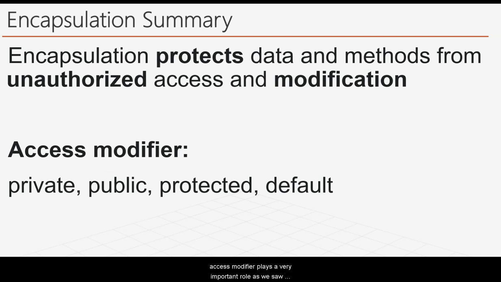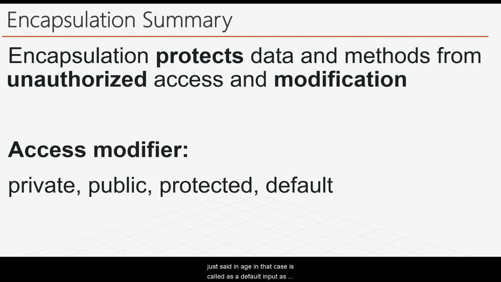As we saw, if it is private, only the class can access that variable or method. When you say public, it can be accessed and modified by every class. Protected, we'll talk about when we come to inheritance. By default, default means you have not set anything, right? You have not mentioned whether it is private or public.